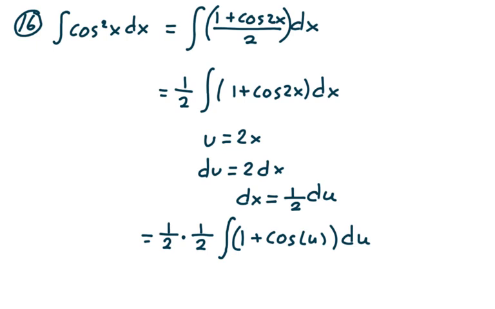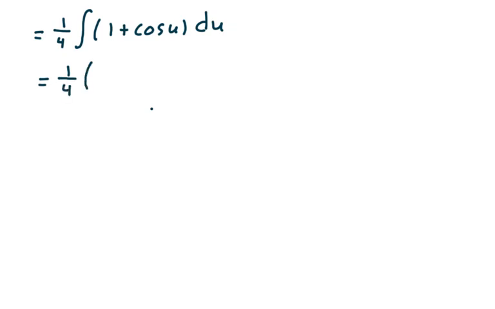Okay? Now, 1/2 times a half is a fourth. So this is 1/4 the integral of 1 plus cosine u du, which is 1/4 of u plus sine of u plus c. But don't forget that u is 2x.